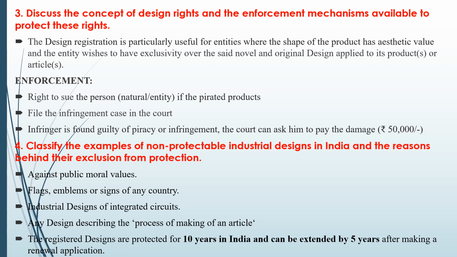Flags, emblems or signs of any country cannot be taken as an industrial design. Integrated circuits, the formation of chips, and similar data also cannot be taken as industrial design. Any design representing the process of making an article cannot be patented or protected as an industrial design.